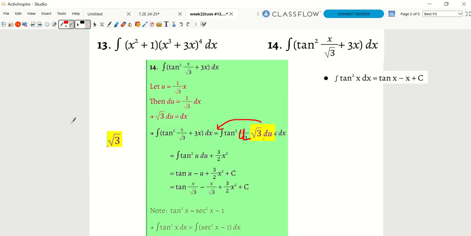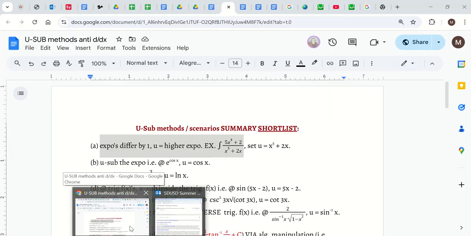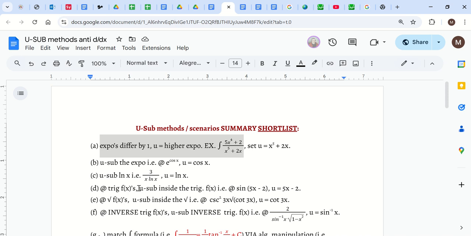Number 14. We're going to set u equal to what's inside the tangent, and that's based off of this trig function right here, or this u sub right here.